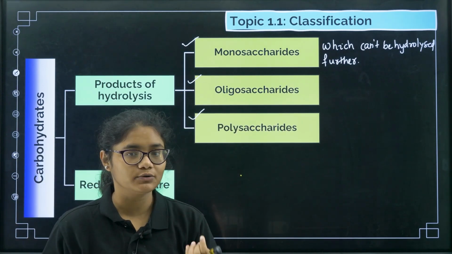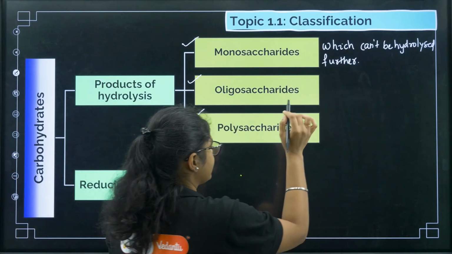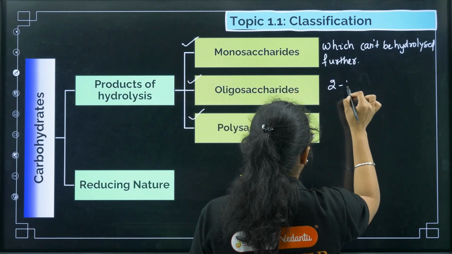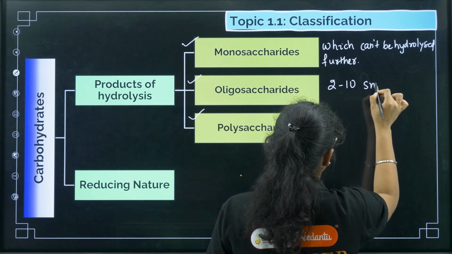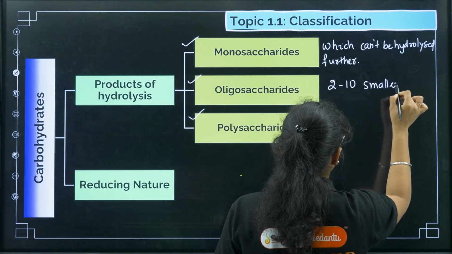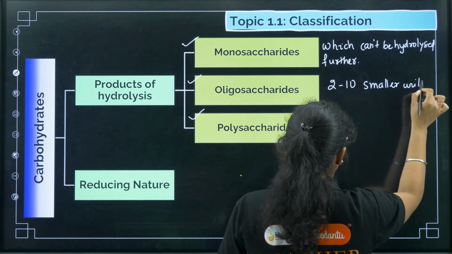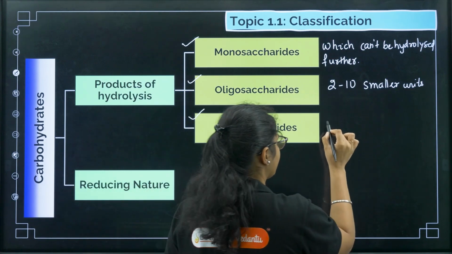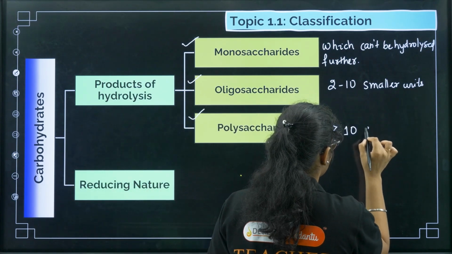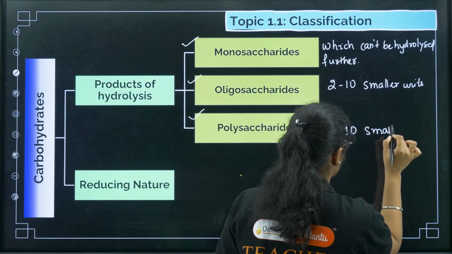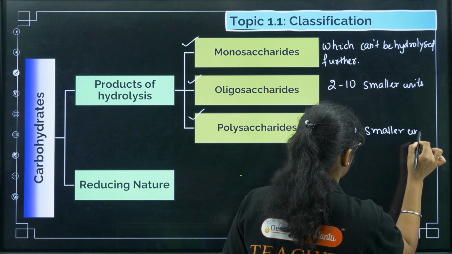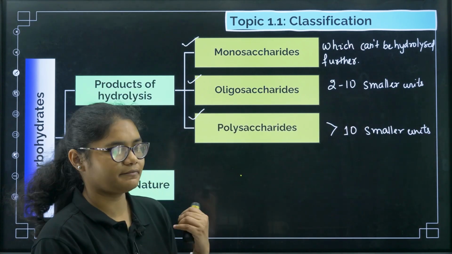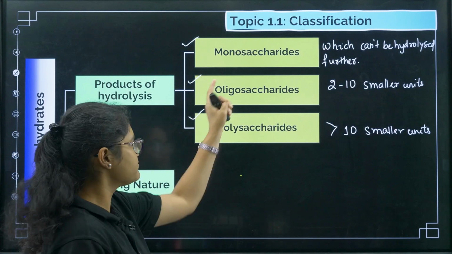If you break an oligosaccharide we will get 2 to 10 smaller units. If you get greater than 10 smaller units, then we call it polysaccharides. Clear?